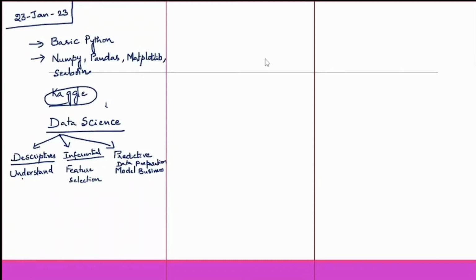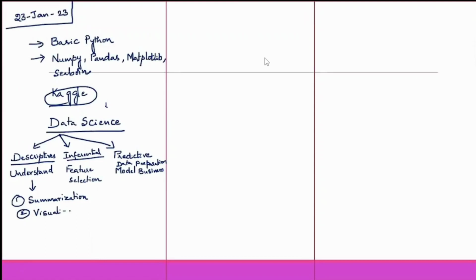Now, when you are trying to understand the data, the understanding can happen through 2 major routes. One is some kind of summarization of the data. Two is visualization of the data.